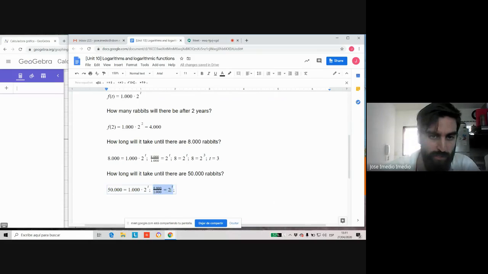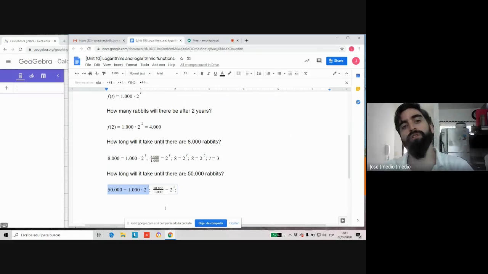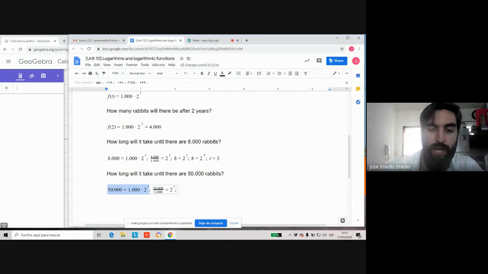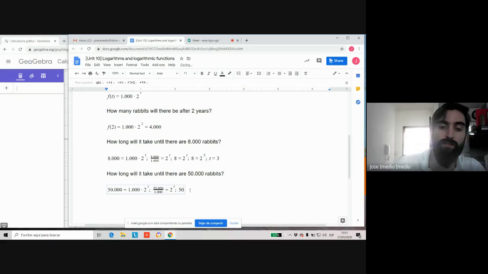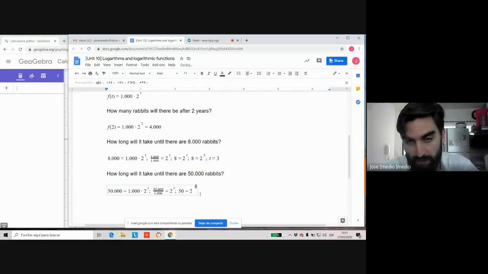I will say 50,000 equals 1,000 times 2 raised to the power of t. Then I isolate this expression, so I get 50,000 divided by 1,000 equals 2 raised to the power of t, which gives me 50 equals 2 raised to the power of t.